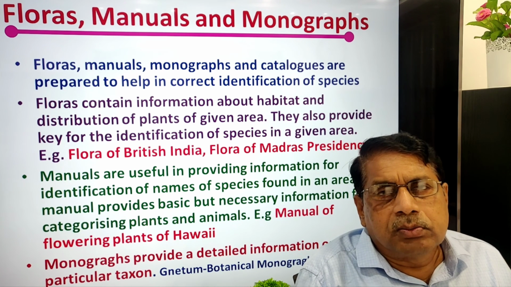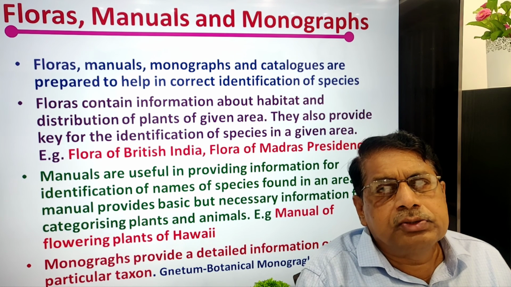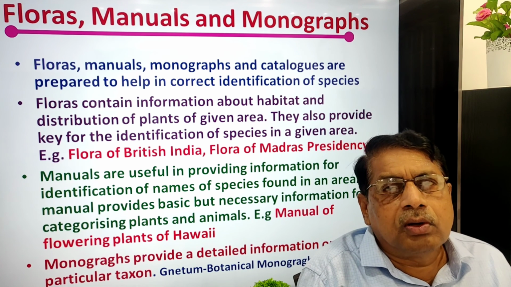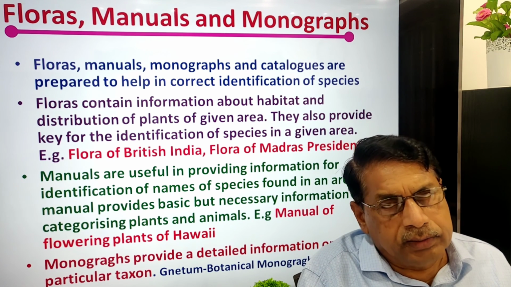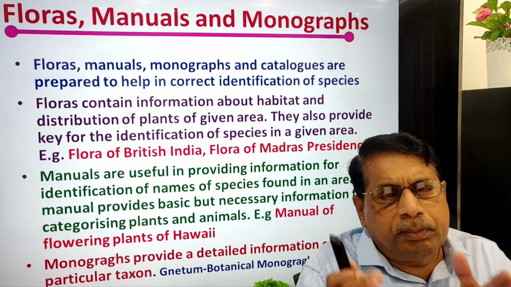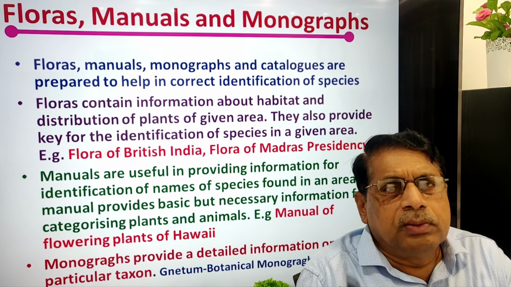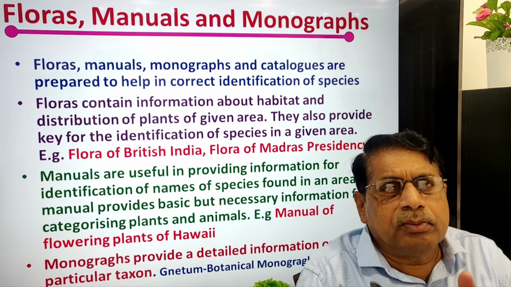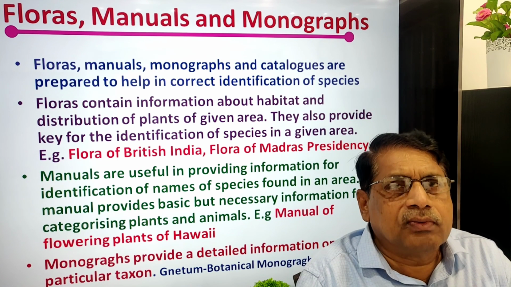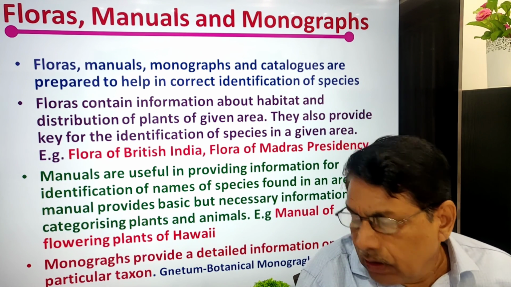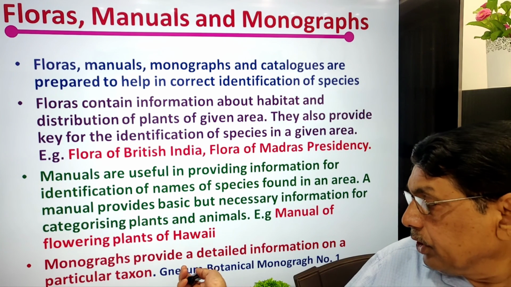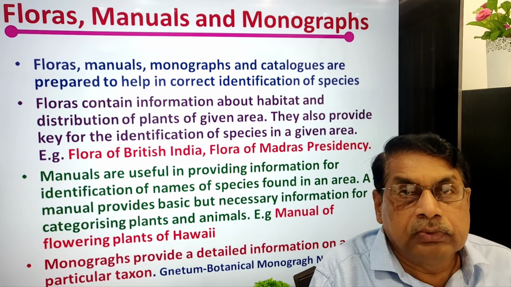A good example is that Maheshwari and Vasil prepared a monograph on nettles of India, of a particular species, genus or family. Mono means single, graph means description. For example, NEET Botanical Monographs.